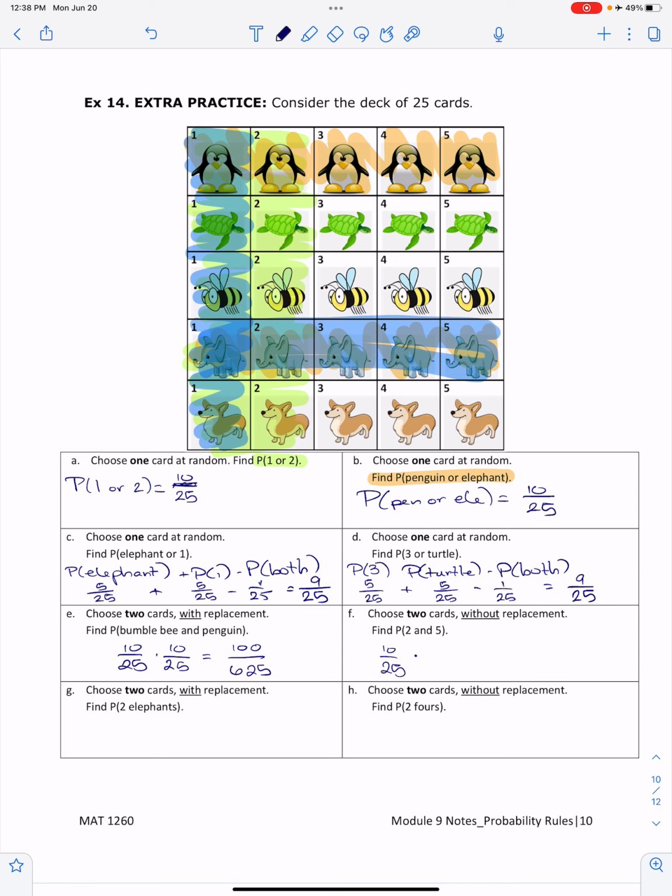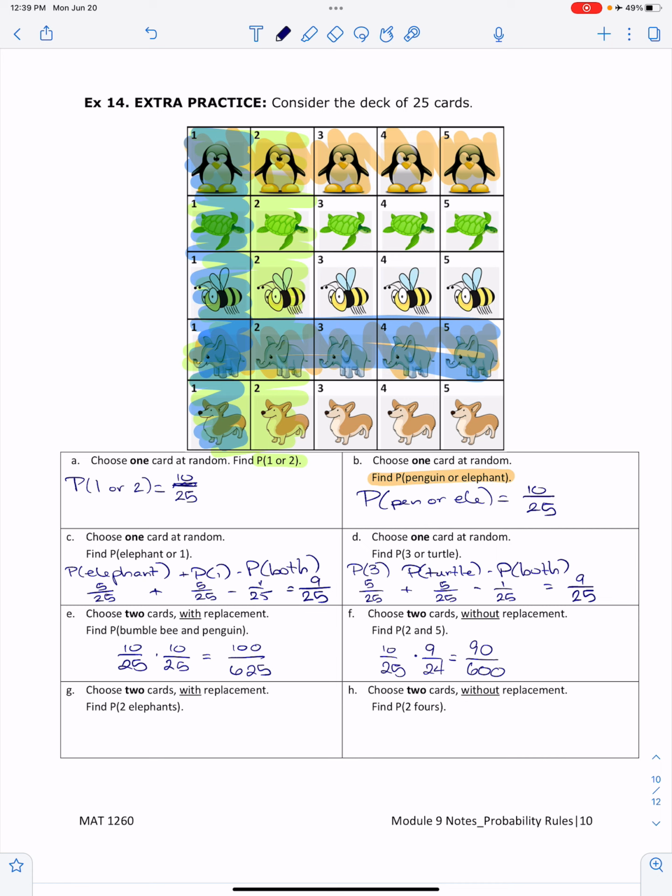That's all I care about. I have 9 cards left that are either 2 or 5. There are only 24 cards in the deck. 90 over 600 is the probability that I can choose 2 cards without replacement, and I get a 2 and a 5.